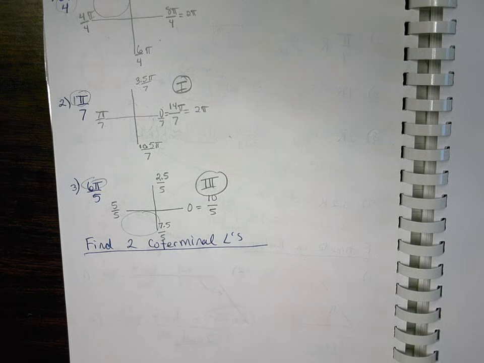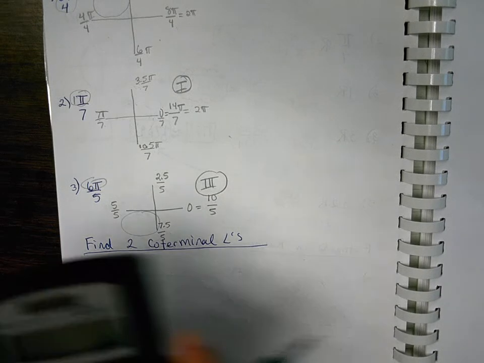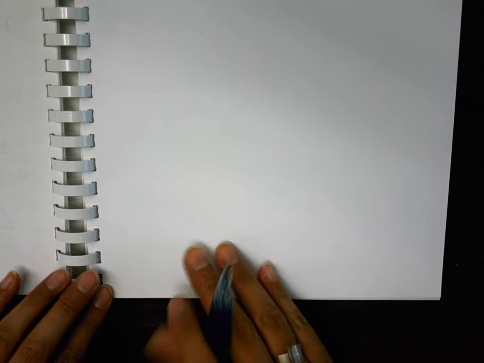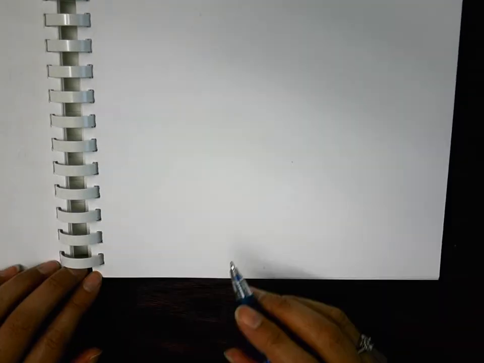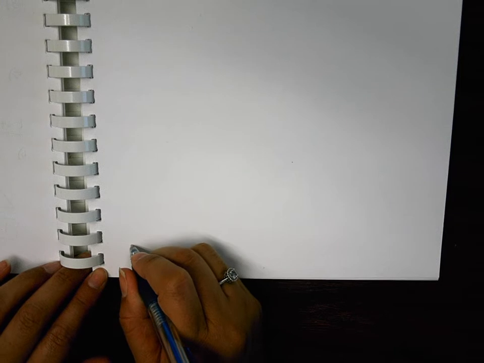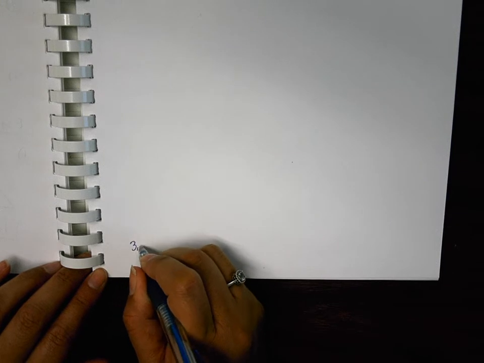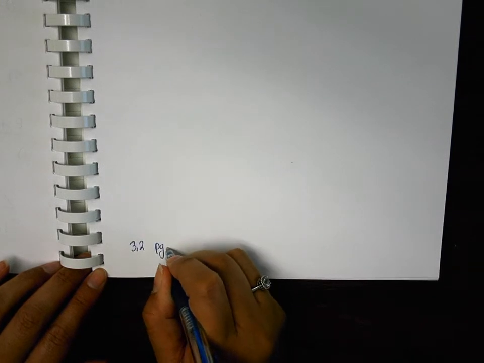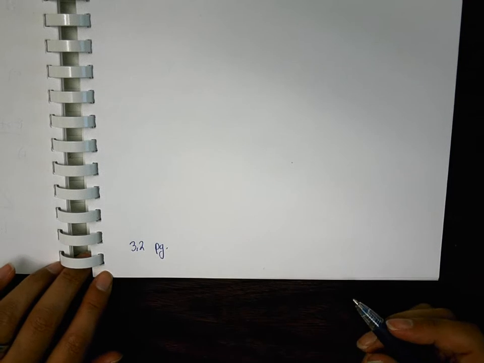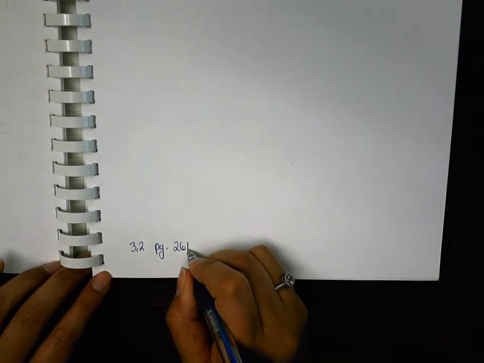I will write it here, tonight's assignment, only because she has to leave. Tonight's assignment is page 261 in the book, section 3.2, and I'll get you your assignment sheets on Monday. Page 261.